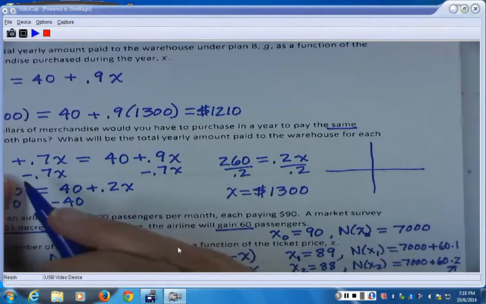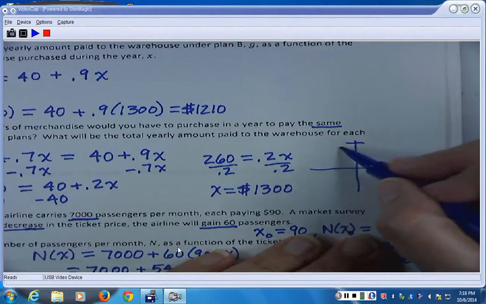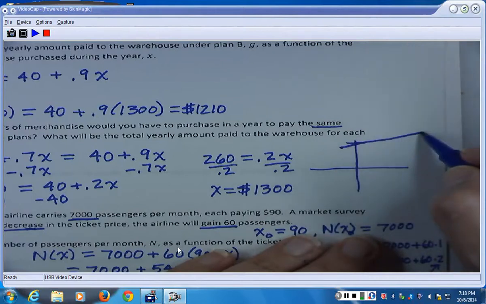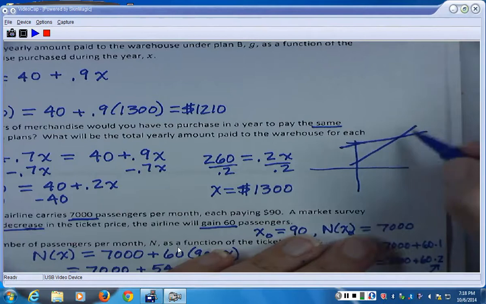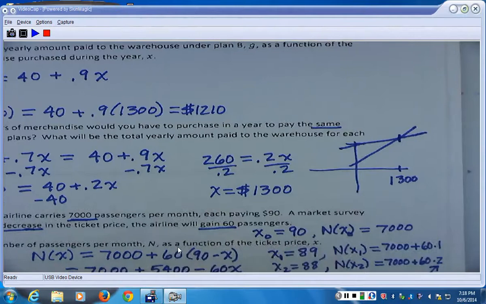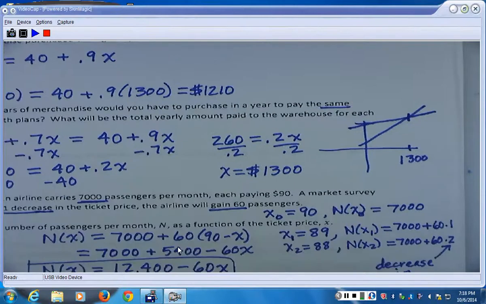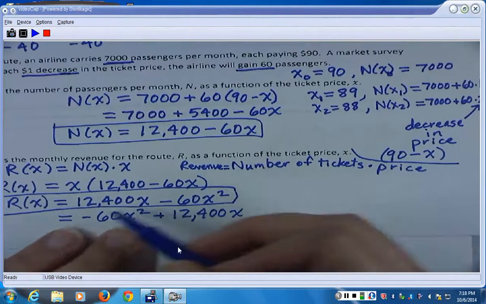If y equals 300 plus 0.7x, that was a line going up like this. 40 plus 0.9x was a line, and this would be 1,300. So this was where two lines crossed. Those were set equal to each other. This is a parabola. It's pointing down.